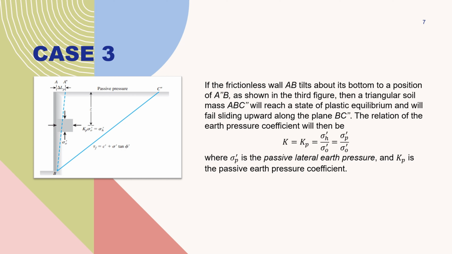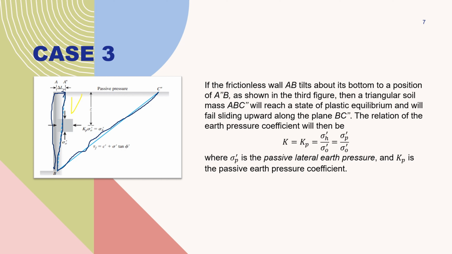The relation of the earth pressure coefficient will be similar. We can see that in case 3 the wall moves into the soil, toward the right. Because of this movement, the failure envelope is formed, which is the plane BC double prime.